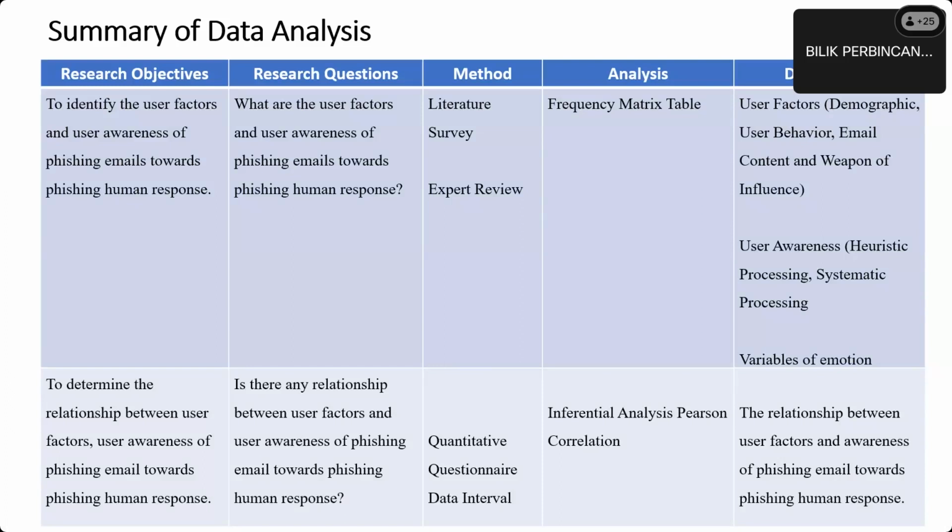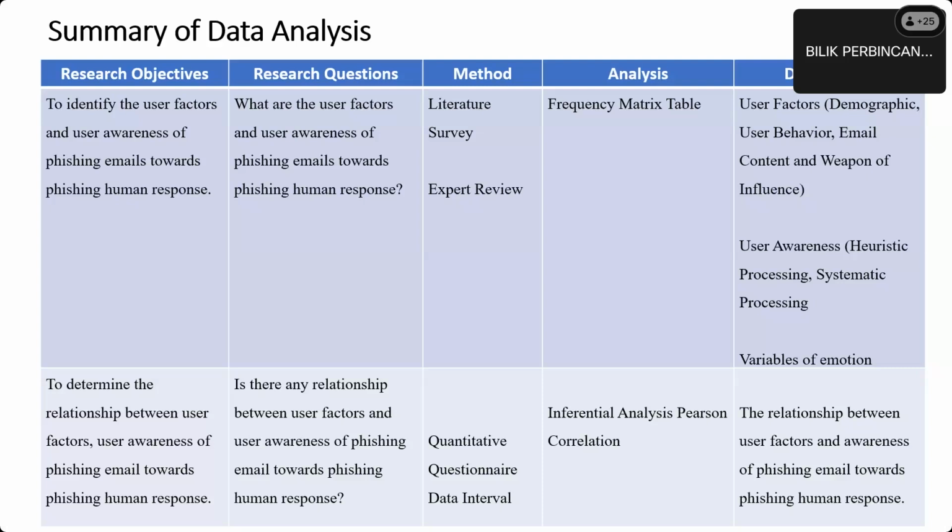The deliverables are the user factors, which are demographic, user behavior, email content, and weapon of influence, and the user awareness, which is heuristic processing and systematic processing, and also the variables of emotion. And the second objective is to determine the relationship between user factors, user awareness of phishing email towards phishing human response.